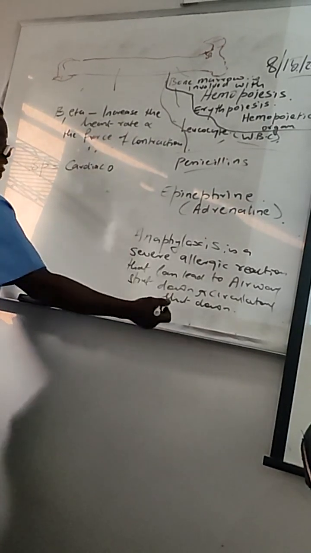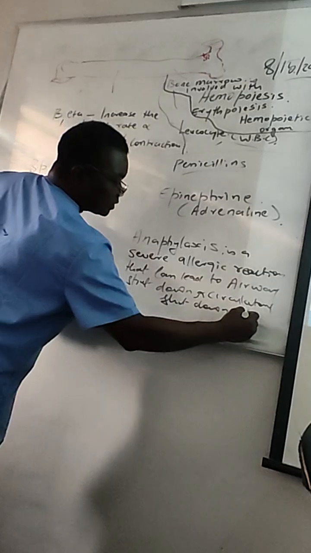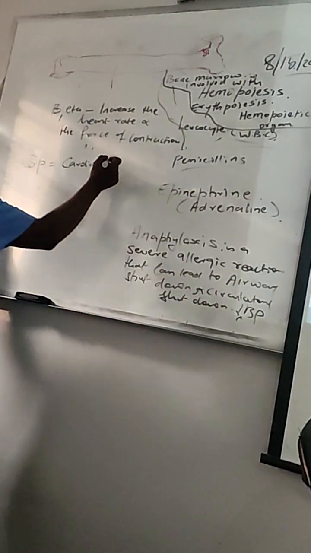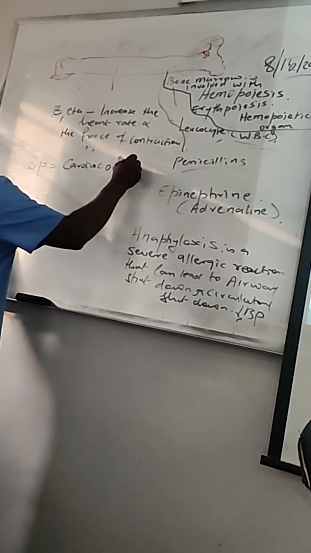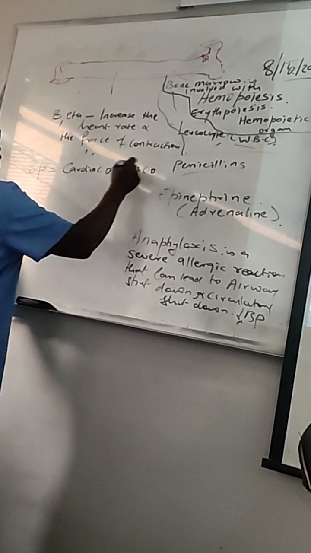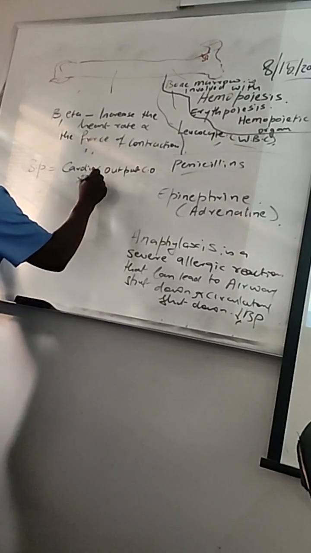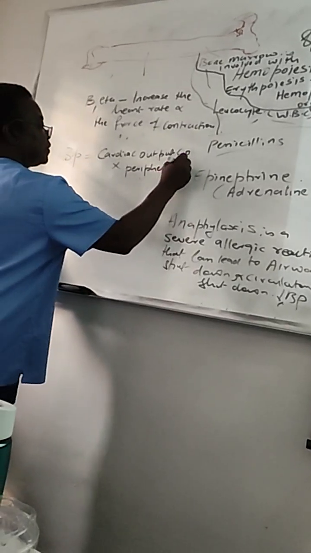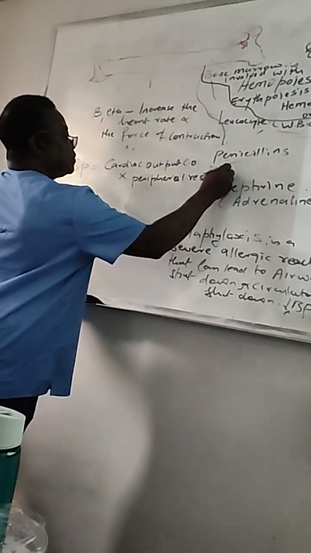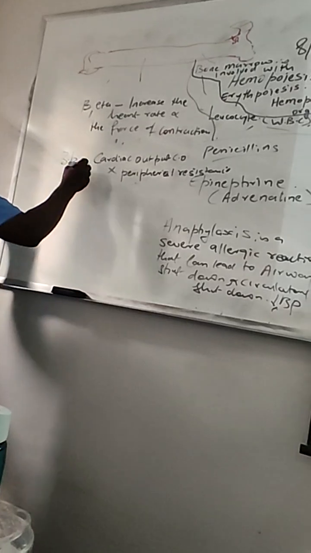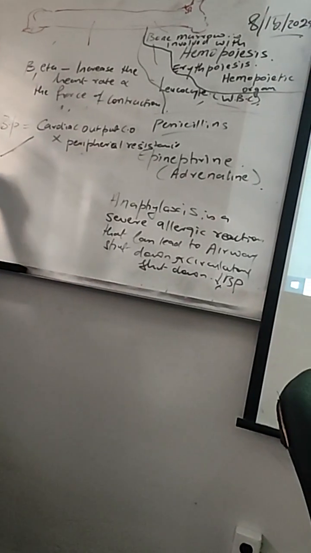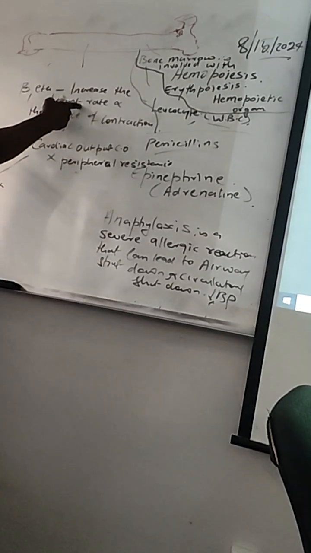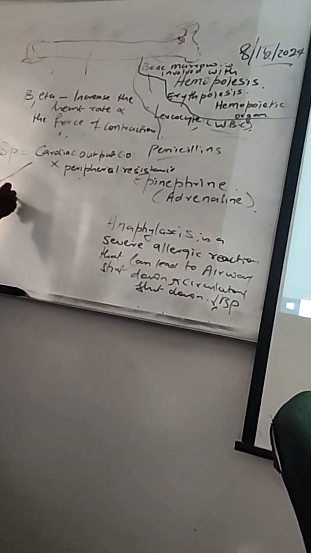When the blood pressure drops, circulatory shutdown, that will drop the blood pressure. Now, this cardiac output is a product of the heart rate and stroke volume.